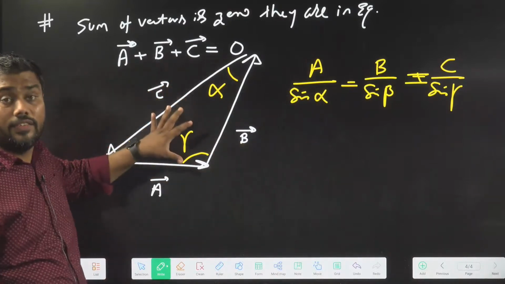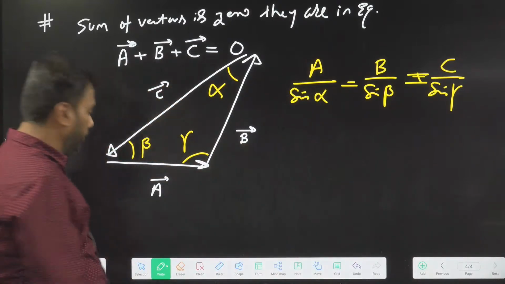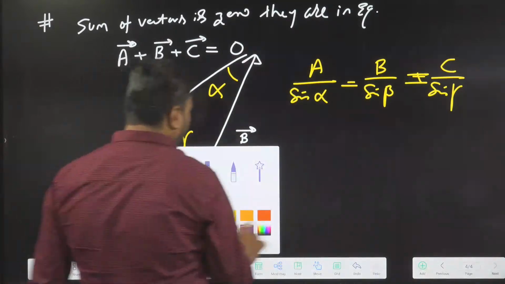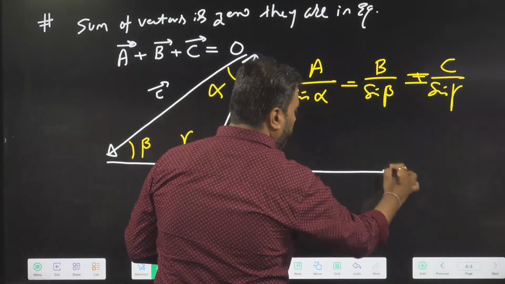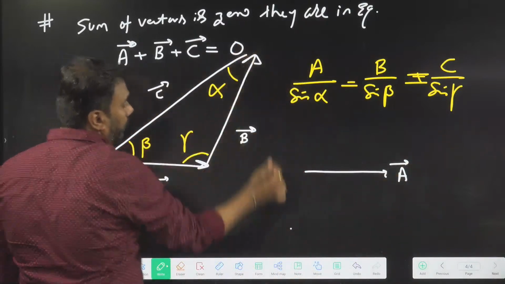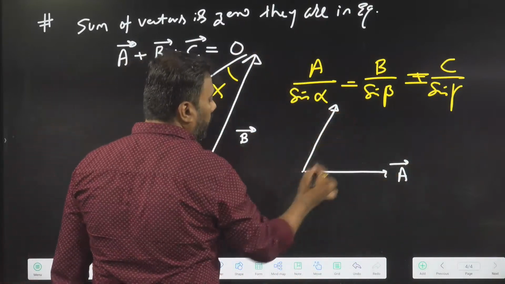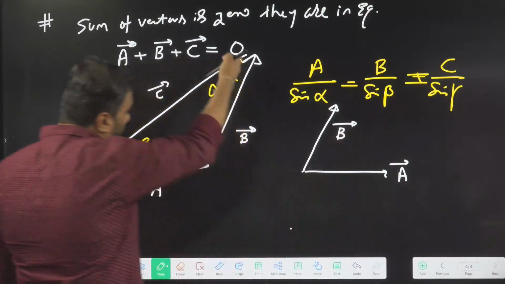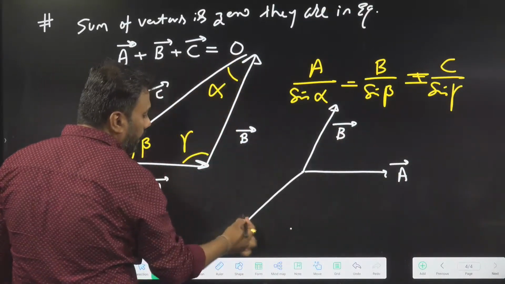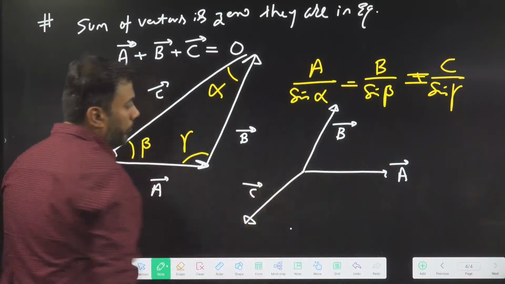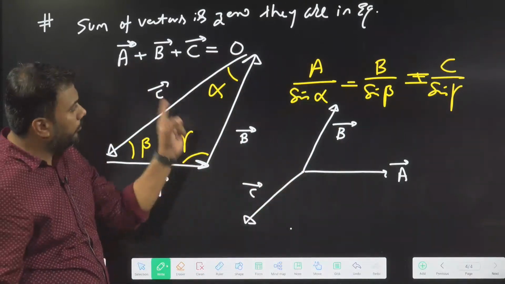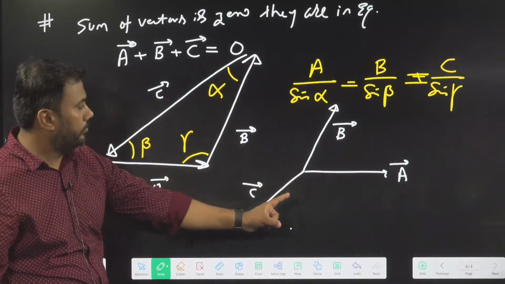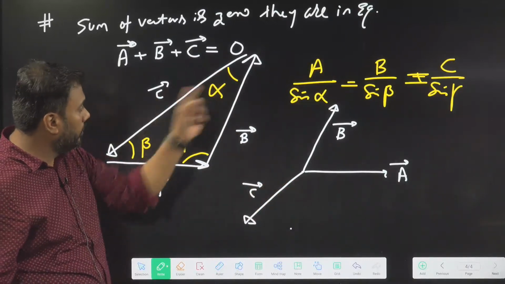We can arrange these vectors in a different way also. I can take this A vector here. I will arrange the B vector such that the tail of B is on the tail of A. I will arrange the C vector such that its tail is again on the same point. So I can also arrange these three vectors tail to tail. Same three vectors, tail to tail. The angles were alpha, beta, gamma.